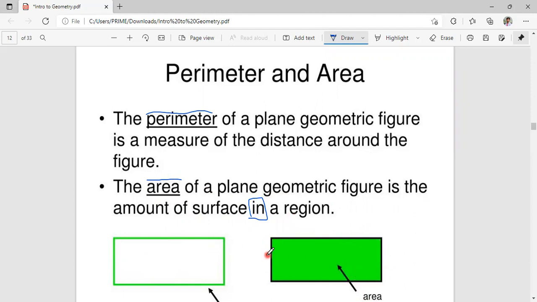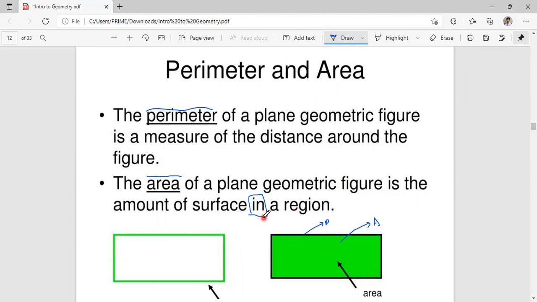The outside black boundary is called the perimeter, and the inside green side is called the area of a shape. If I have other shapes like a parallelogram or square, the perimeter will be the outside boundary of that figure, and the inside region will be called the area.